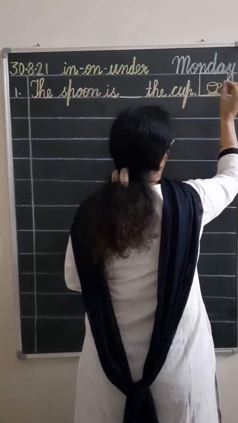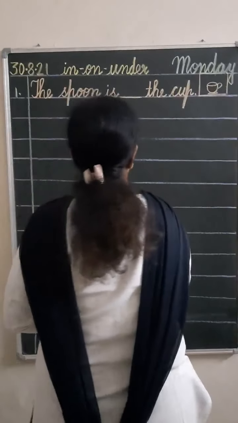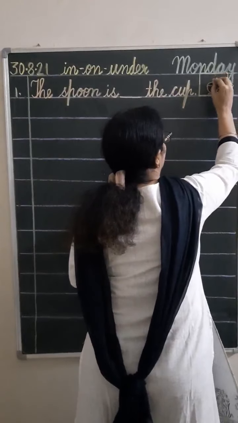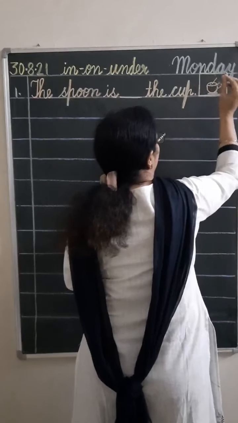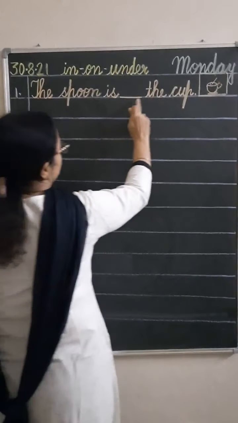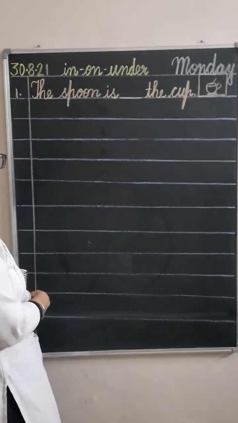Okay, now we will draw the picture of the spoon. Okay, so here make a spoon. Okay, the spoon is dash the cup. Where is the spoon? Spoon कहाँ पे है?